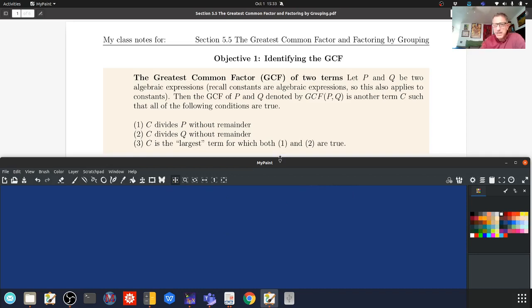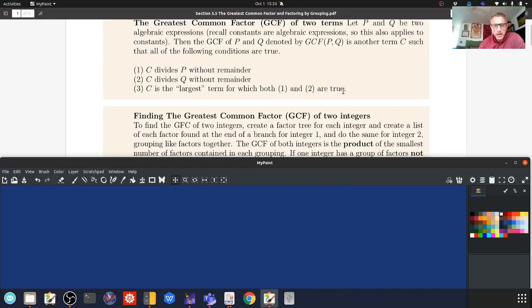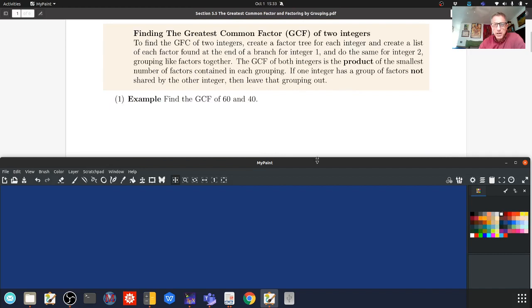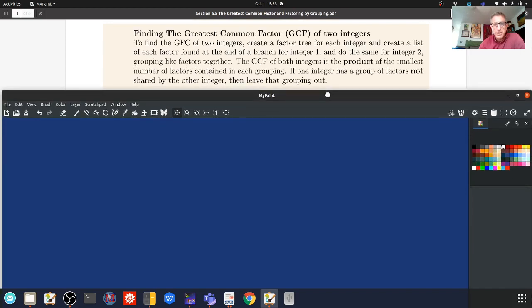So some of you were taught how to find the GCF of two integers by looking at multiples. Conceptually, that really is helpful. For example, if you wanted to find the GCF of 3 and 5, now I guess it's not multiples that you use.